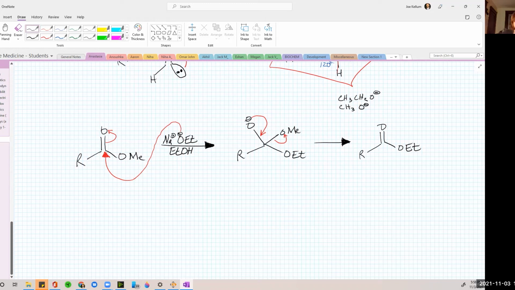Because in one case we have an OME leaving, in the red that I just drew, but you could also have the OET leave, and then you would just end up with the same thing you started with, right? Sure. So why don't you? Because this is going to overwhelmingly form this. It's not going to be a 50-50 thing.